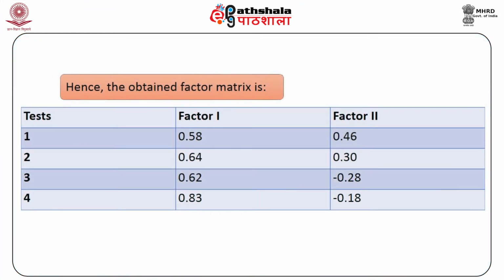Hence, the obtained factor matrix is factor 1 for tests 1, 2, 3 and 4: 0.58, 0.64, 0.62, 0.83 and factor 2: 0.46, 0.30, minus 0.28 and minus 0.18.